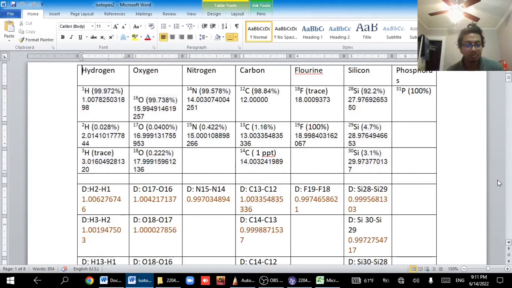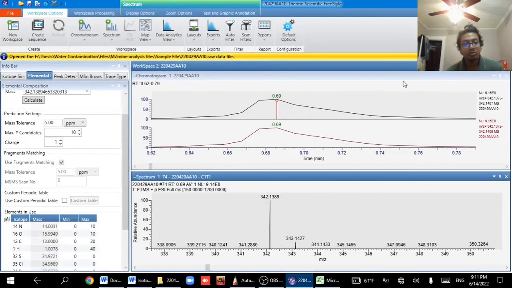Here you just make a Word file of that, and then you need to open Freestyle and input that specific mass here, and then you will find which elements are there, like carbon, oxygen, nitrogen, like that. Also input those values in the elemental composition option, right?